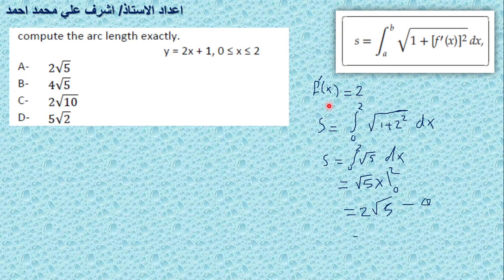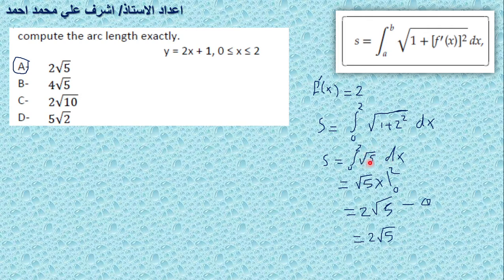So we substitute in this formula, the integral from a to b, from 0 to 2, of the radical root of 1 plus f prime squared: 2 squared is 4, plus 1 is 5, radical 5, dx.